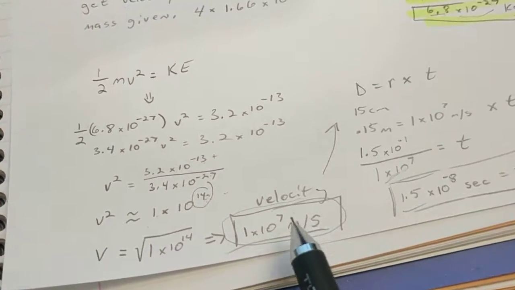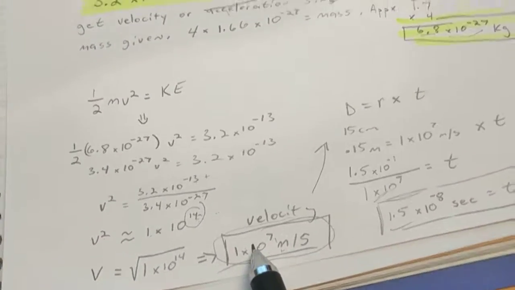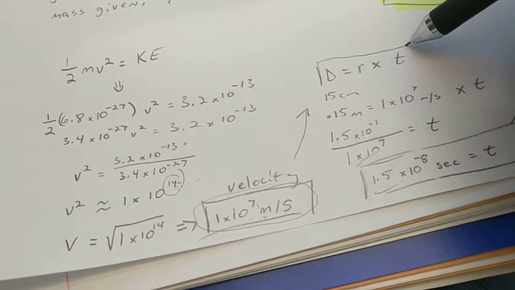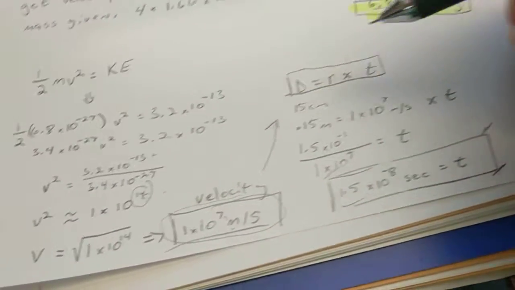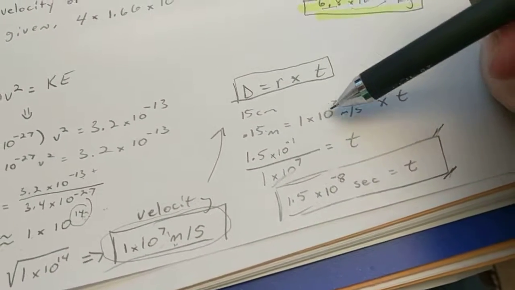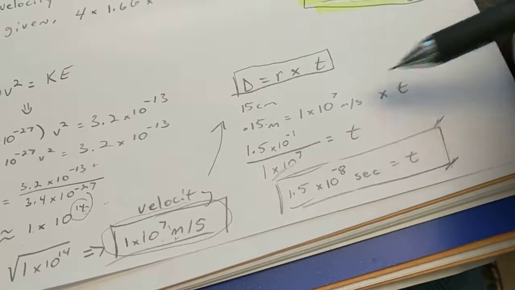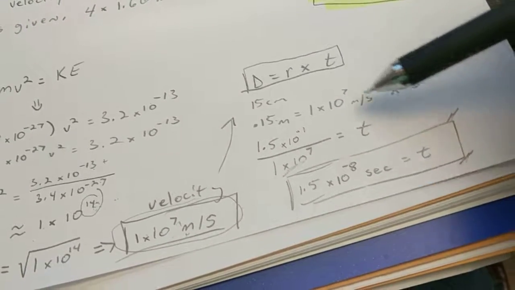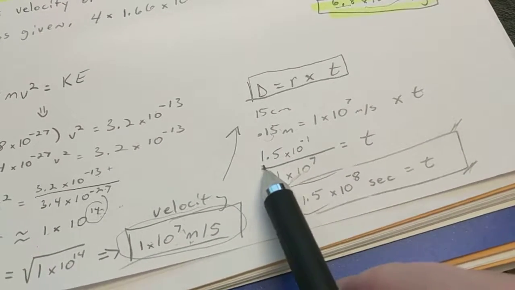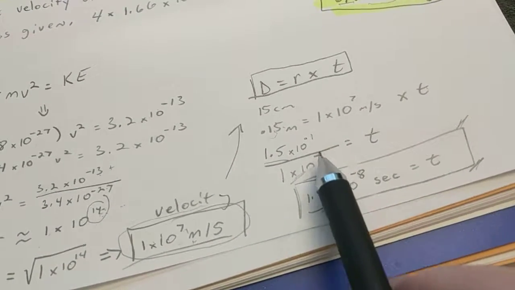And I feel like I'm done, but I'm not, because remember, this is a kinematics problem. So now I can use the most simple formula that we know, which is distance equals rate times time. So now we have a distance, 0.15 meters. We have a rate, 1 times 10 to the 7th meters per second, and we're looking for time. So all I do is I'm going to switch that to be in scientific notation, because that's what I always do.